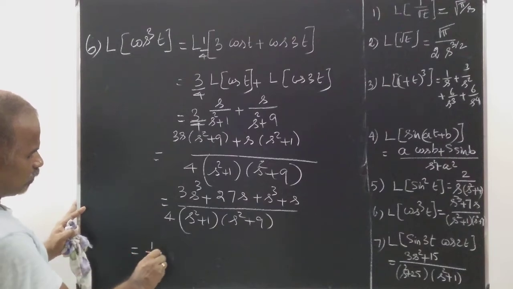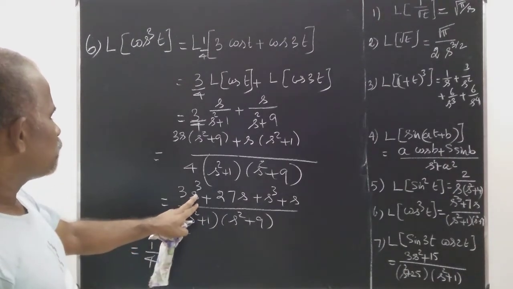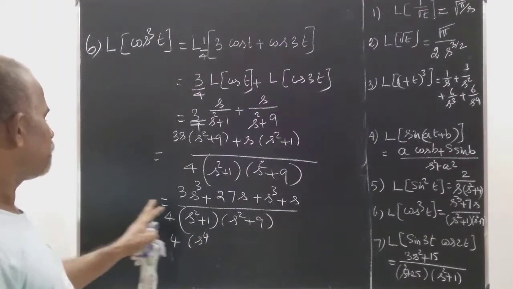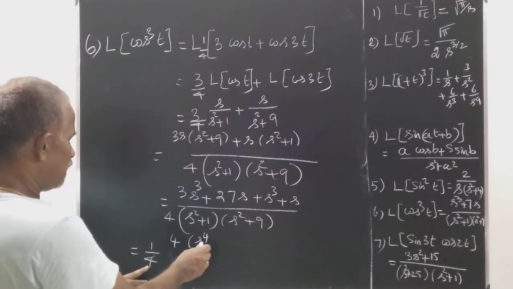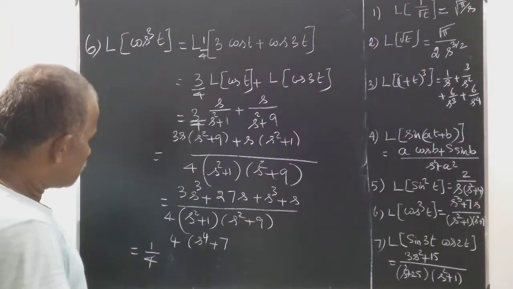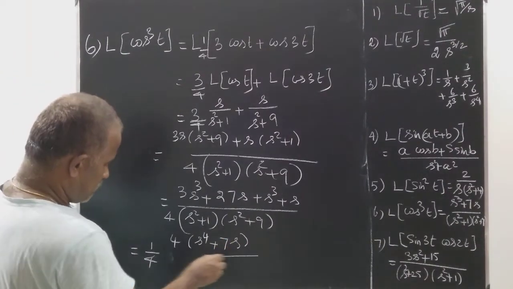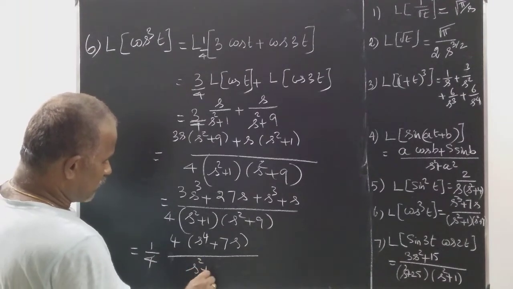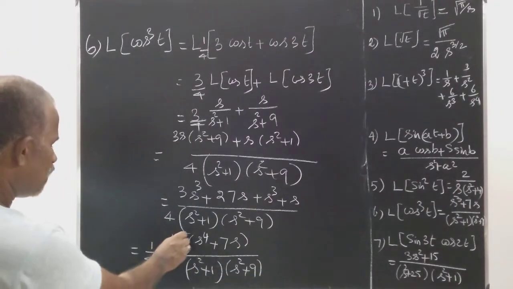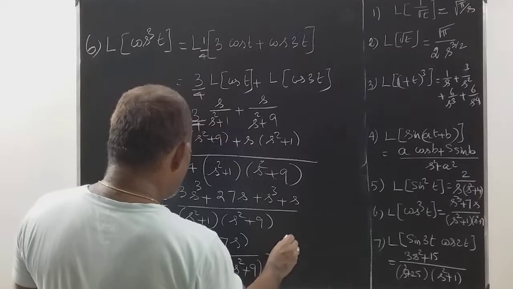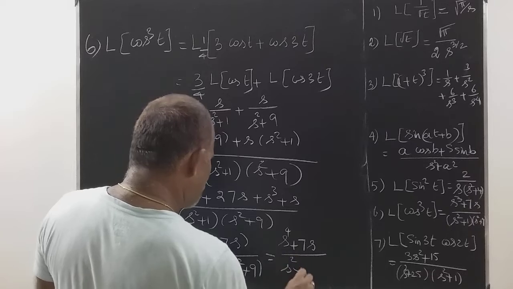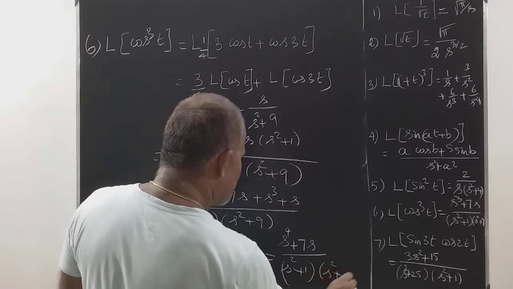So therefore this is equal to 1 by 4 into 3s power 4, 4 times s power 4, 27, 28 plus 7s, divided by s squared plus 1 into s squared plus 9. 4 cancel. So therefore s power 4 plus 7s divided by s square plus 1 into s square plus 9.